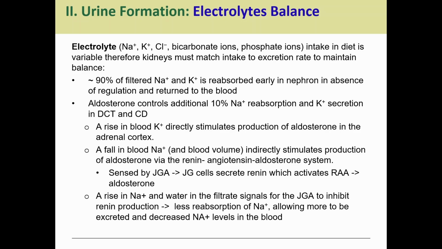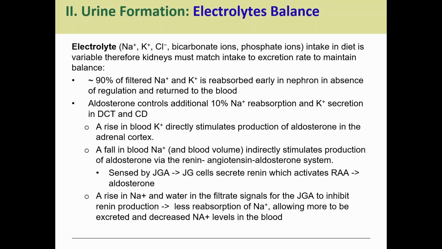90% of the sodium and potassium is reabsorbed super early, and that just goes right back into the bloodstream to help regulate that. And this is if there's no regulation. So if everything's fine and the levels of these two are not changing much, 90% of them go back into the bloodstream. Aldosterone will control another 10% of that. If we have a rise in blood potassium, that will trigger aldosterone from the adrenal glands.